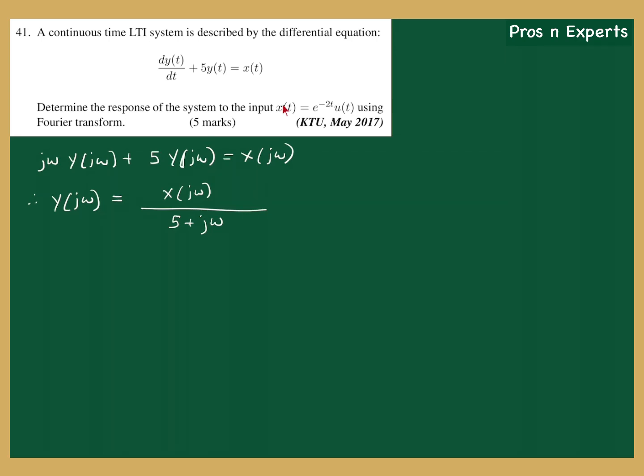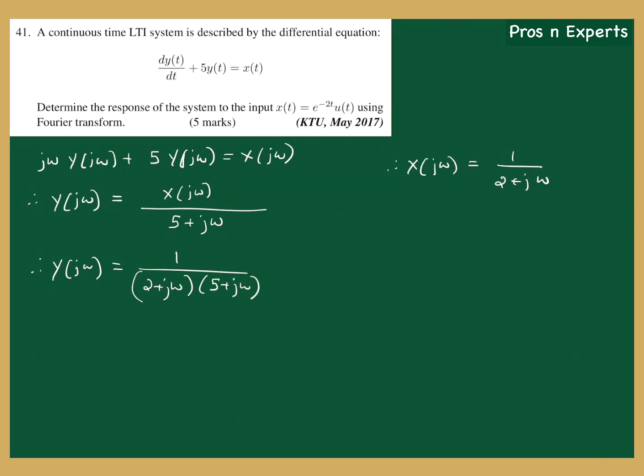What is x of j omega? You are given x of t as e raised to minus 2t u of t. Therefore x of j omega you can boldly write as 1 by 2 plus j omega. Therefore y of j omega will be equal to 1 by 2 plus j omega into 5 plus j omega. Now the response is to be found.